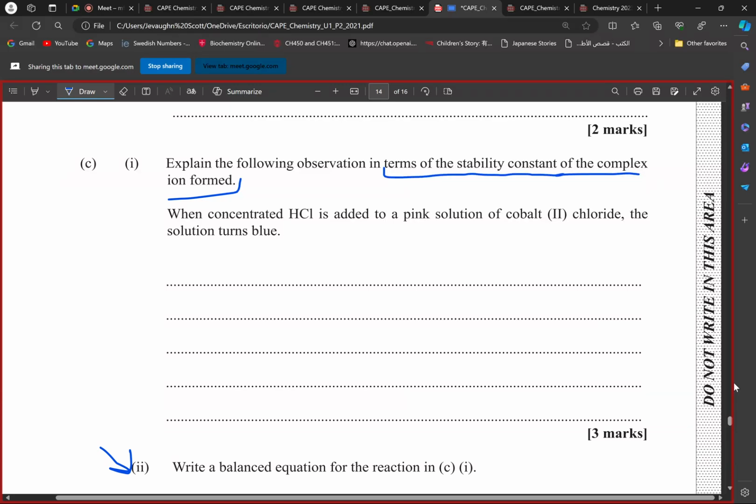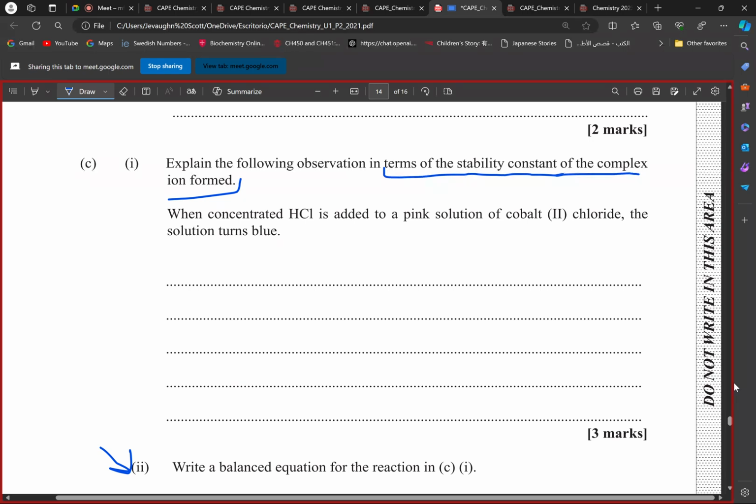Cobalt's ability to form a stable complex with chloride is better than its ability to form a stable complex with water. So the stability of the tetrachlorocobalt complex would be more stable than hexaaqua cobalt. That would basically mean that the stability constant for the reaction is positive, it is high.